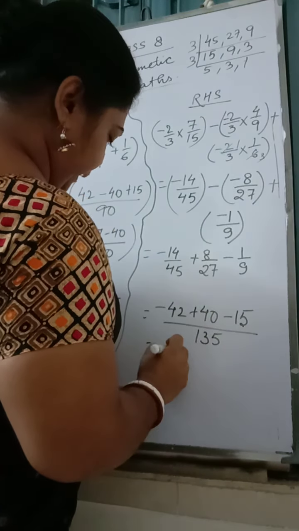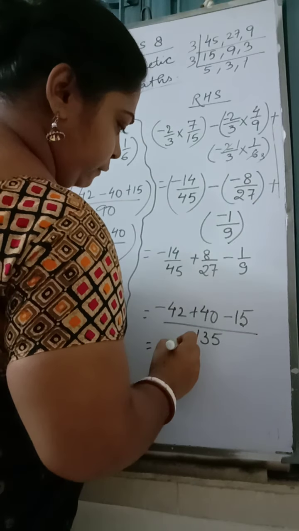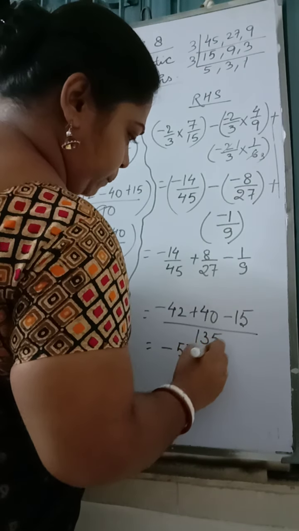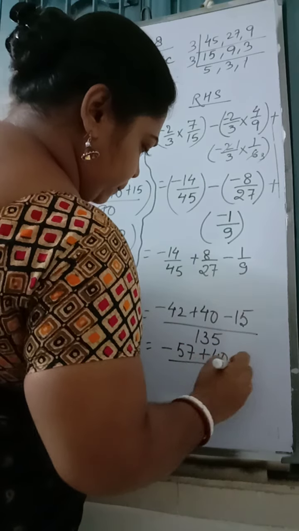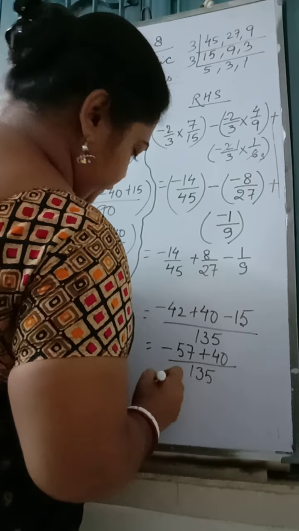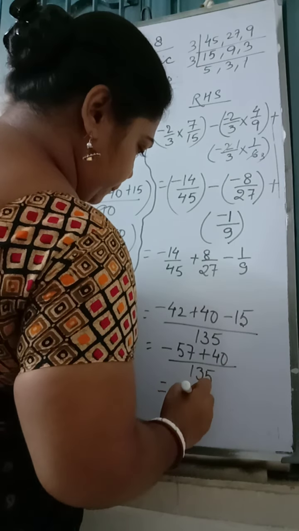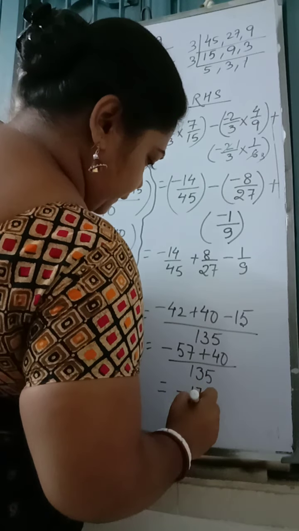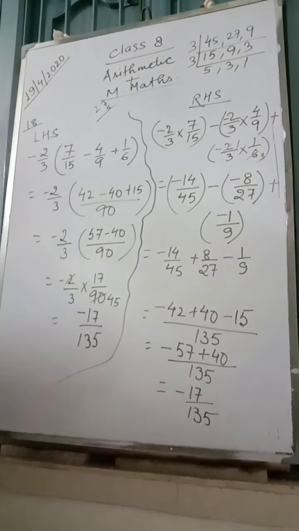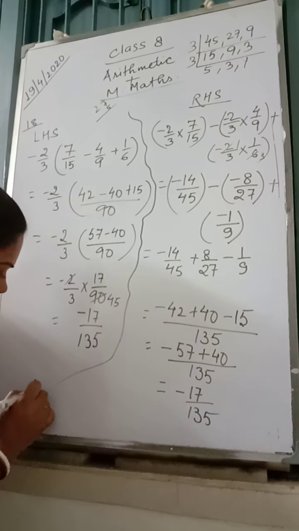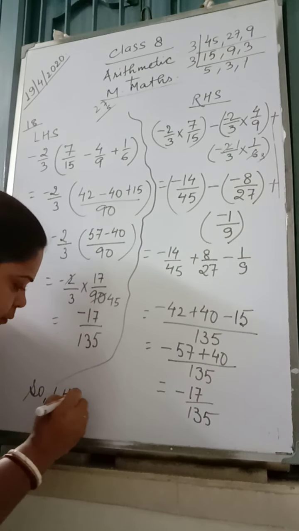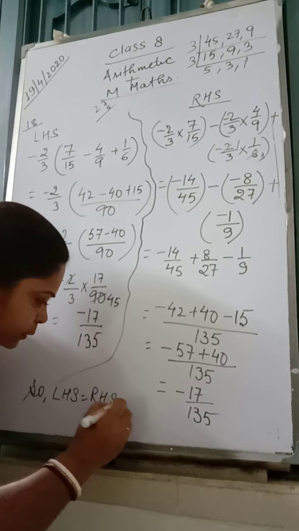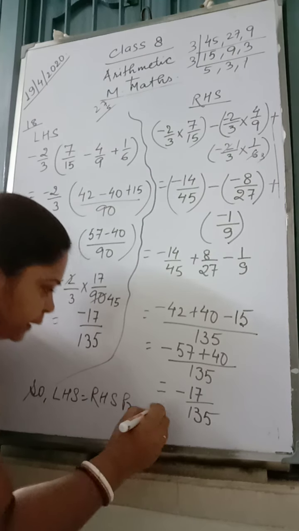So it gives you minus 57 plus 40 by 135, or minus 17 by 135. We have got LHS minus 17 by 135. So LHS is equal to RHS, proved. This only we have to do.